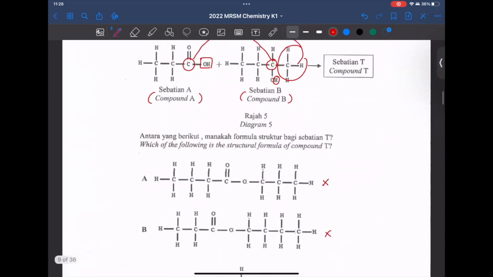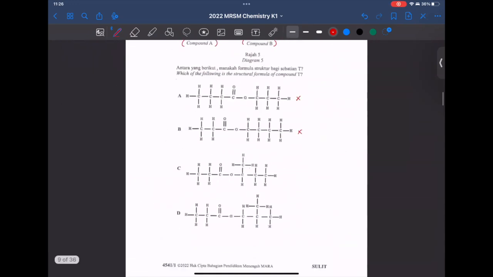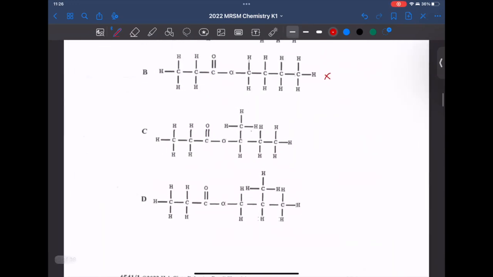So the best answer here for number 11 will be either C or D. But if you look properly, the answer is supposed to be C. Why? Because this is the carboxylic acid and this is the alcohol. So therefore, the answer is C.